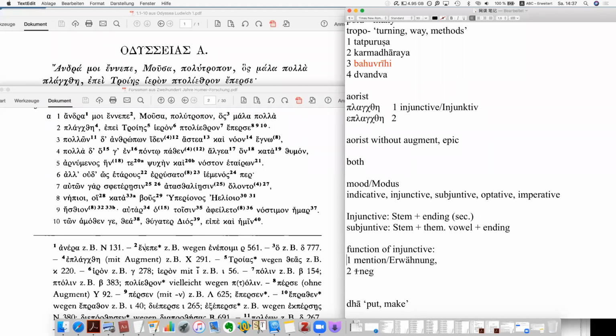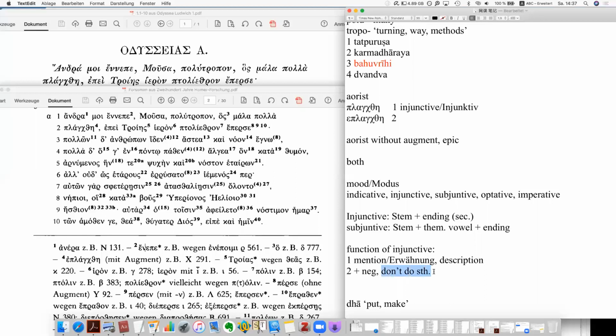The first one is mention. You mention something, you describe something. Description. The second one, negation, means prohibitive. It's just like stop doing something, or don't do something. It's just like this one.